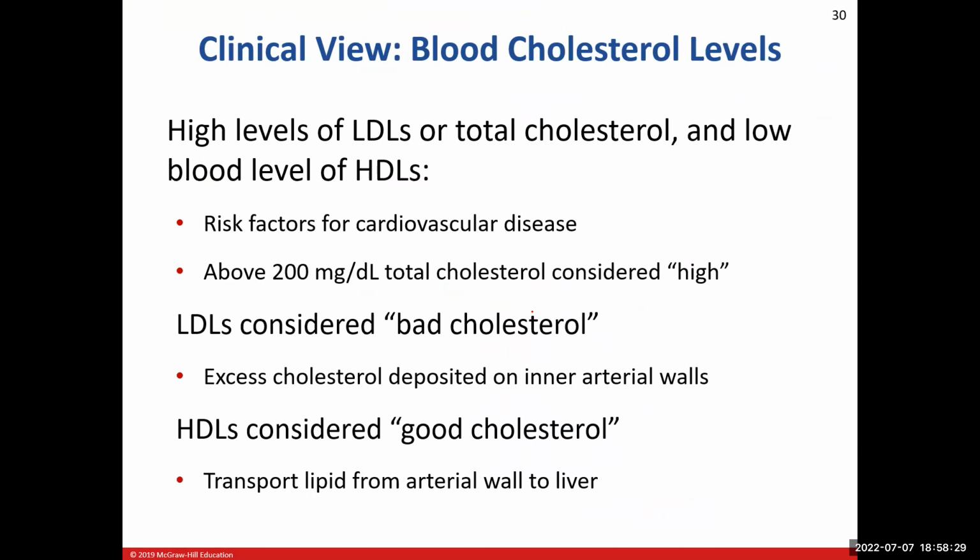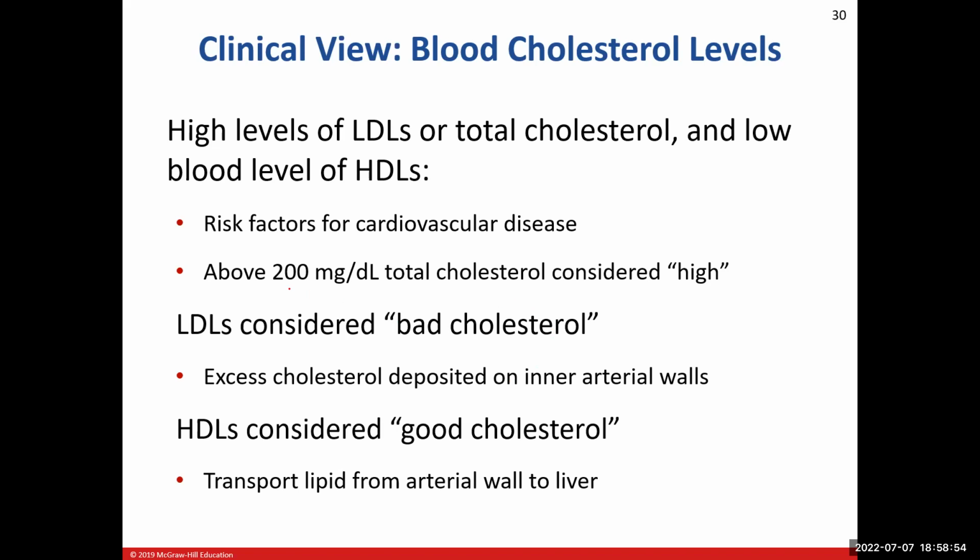So high levels of LDLs, high levels of cholesterol, bad. Low levels of HDLs, because remember, that's the good cholesterol. That's the cholesterol that wanders around and sucks everything up and returns it back to the liver. So that too is bad. So low levels of HDLs, bad. High levels of LDLs or total cholesterol is also bad.